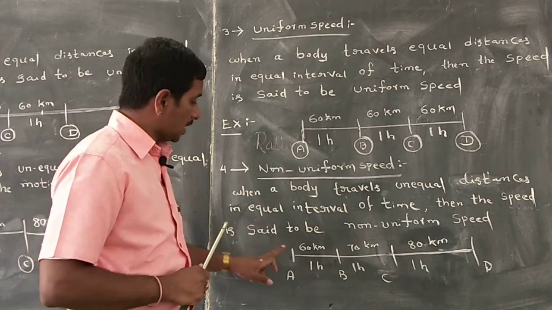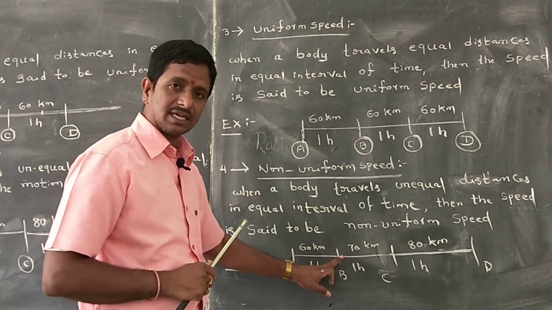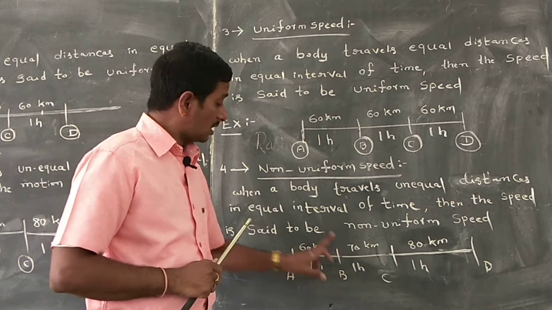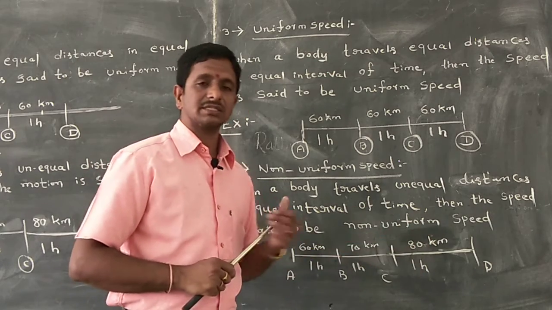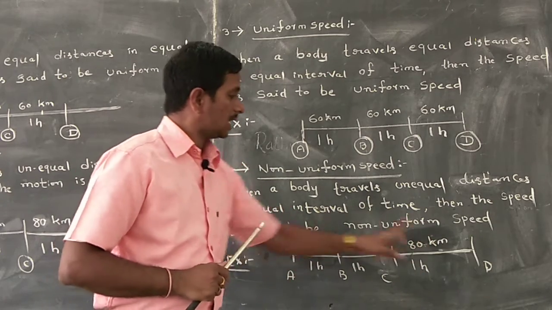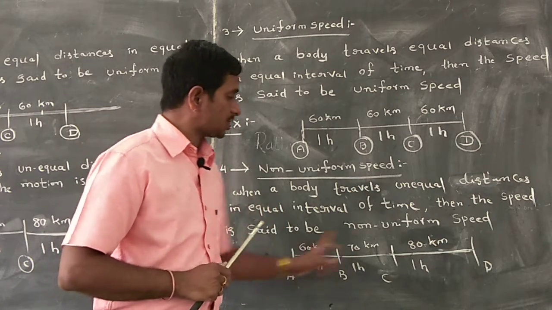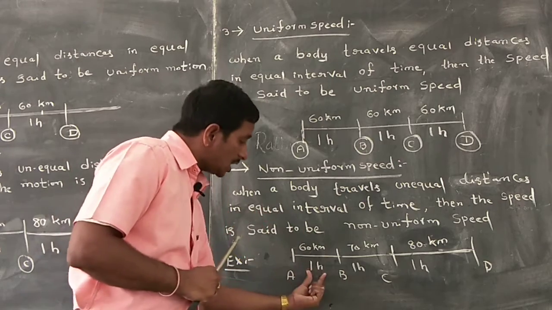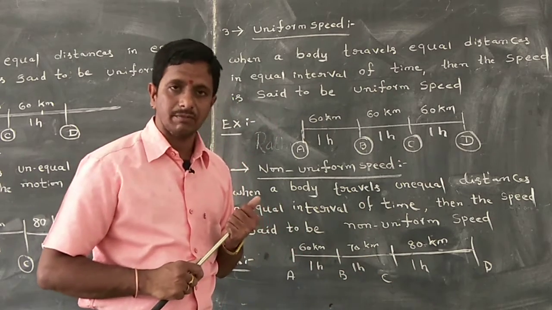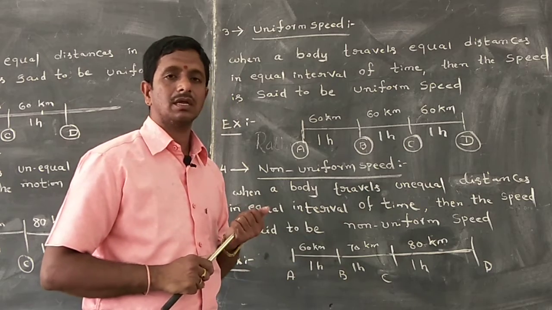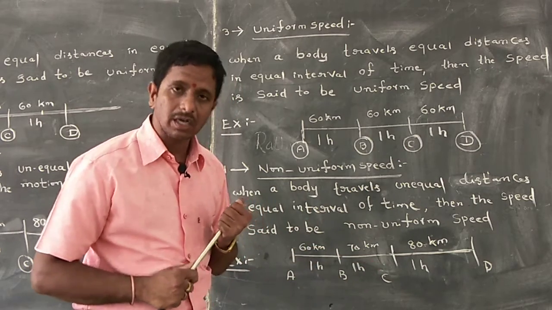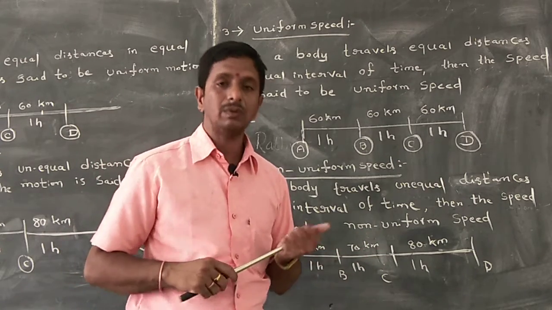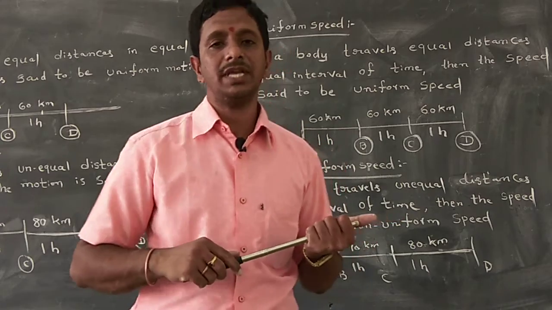That means a body covers unequal distances with equal intervals of time. Such a speed we call non-uniform speed.